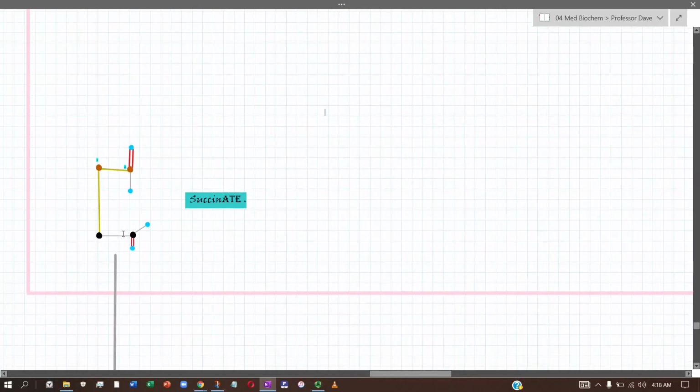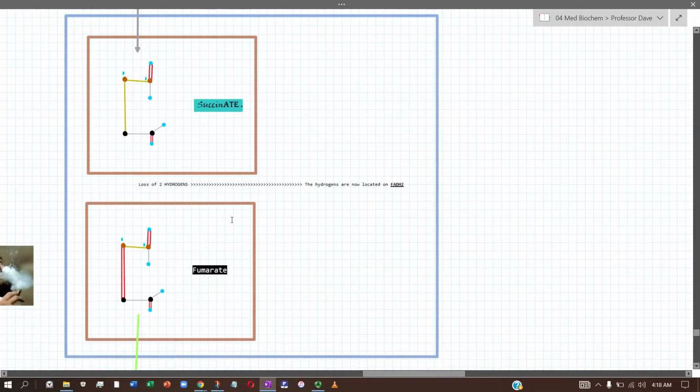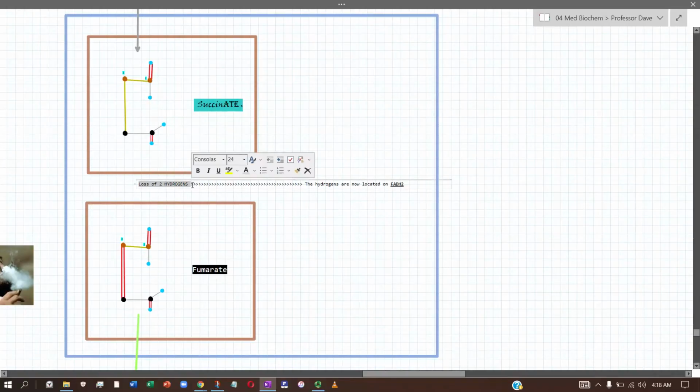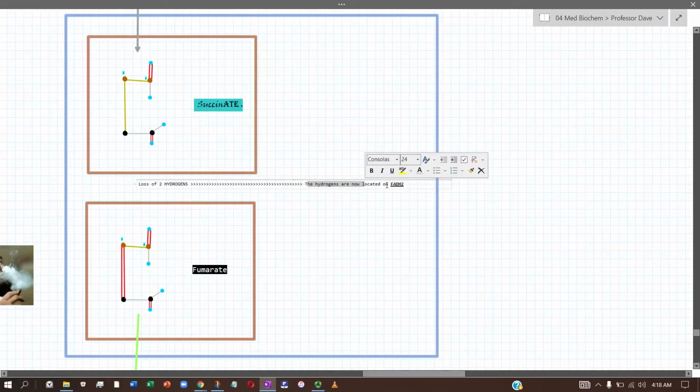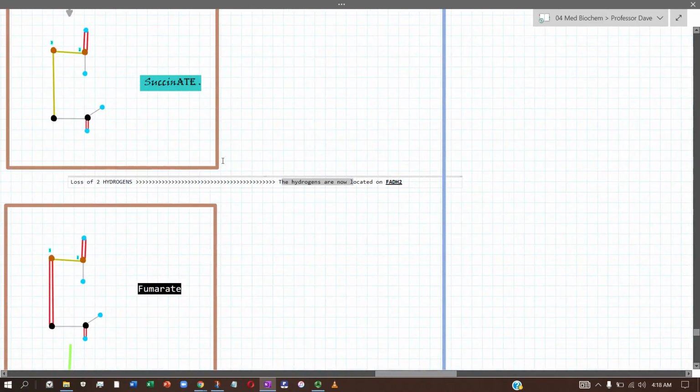So what happens next? Well, you have your succinate, and there exists the loss of two hydrogens, and those two hydrogens are now located on FAD, and that's why the molecule gets called FADH2, and we'll address that later.